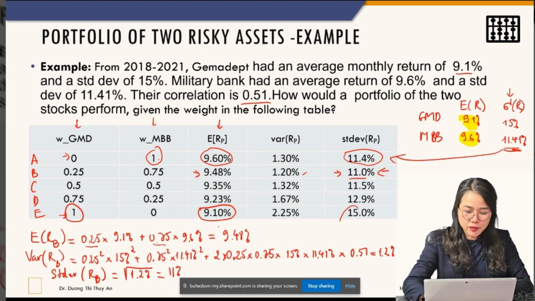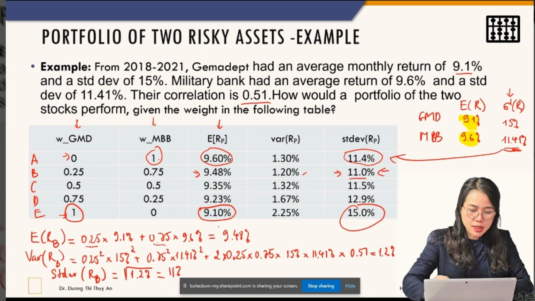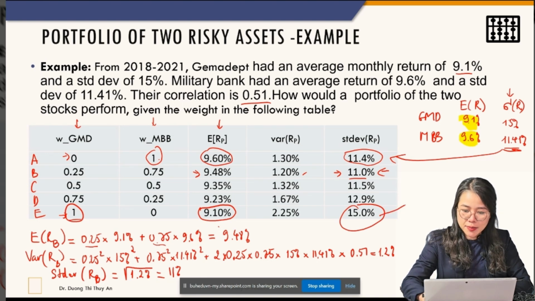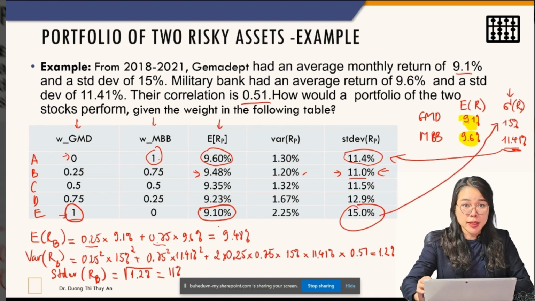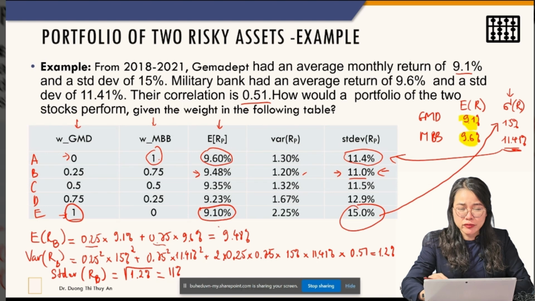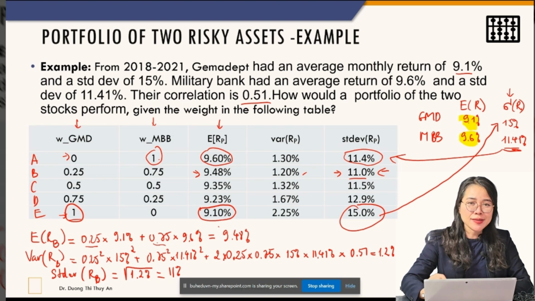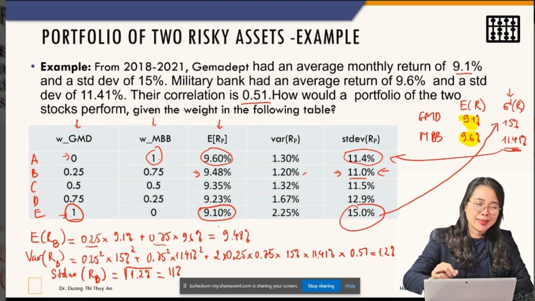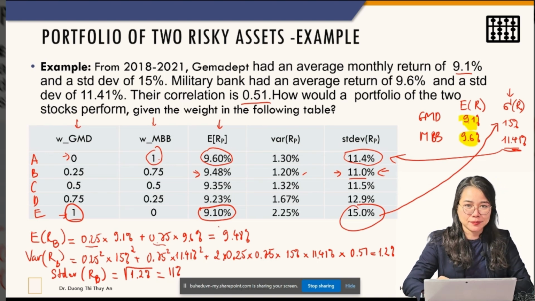And this portfolio of 100% GMDF had exactly the same risk as GMDF. But when we combine the two financial assets together, we create a portfolio that has risk even lower than the risk of the asset with the lowest risk.